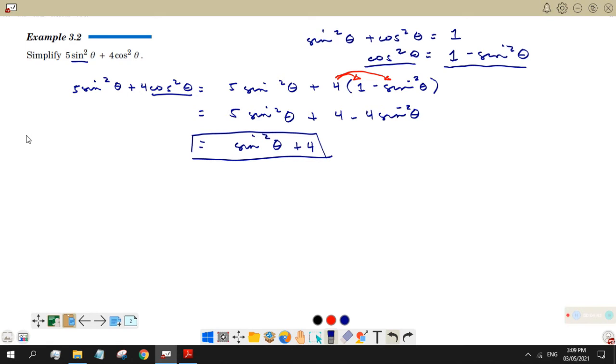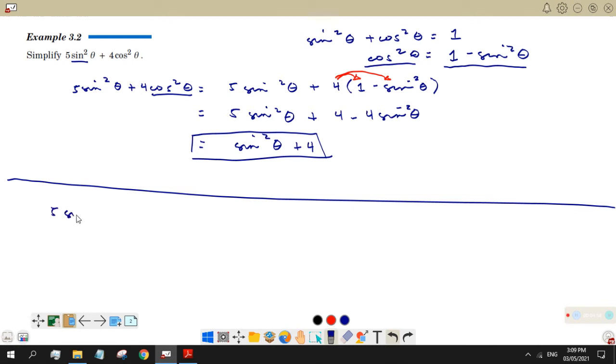But what if we are looking forward to changing this whole statement into a statement where only cosine is present? Wala na si sine. Pwede rin naman na maging sagot yon. So, alternate solution natin, we have 5 sine squared theta plus 4 cosine squared theta. This time, we are going to look for the value of sine squared theta in terms of cosine squared theta.